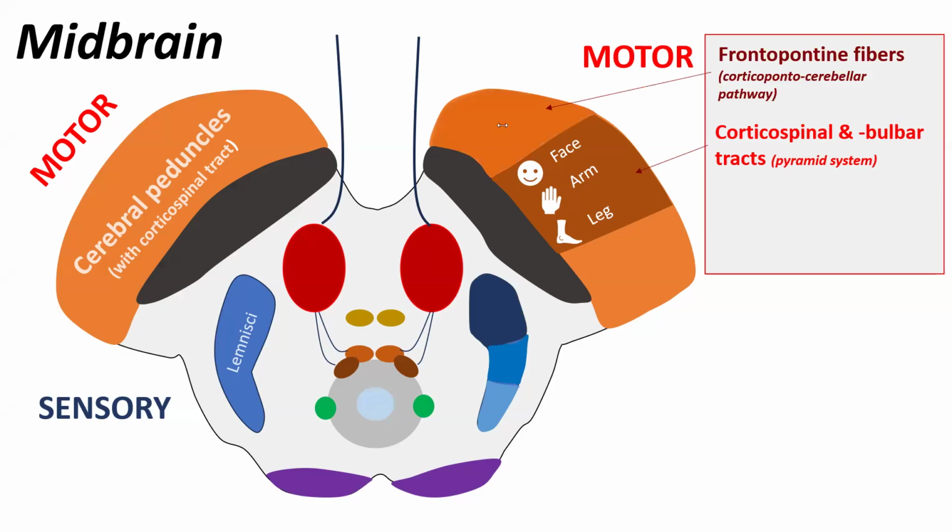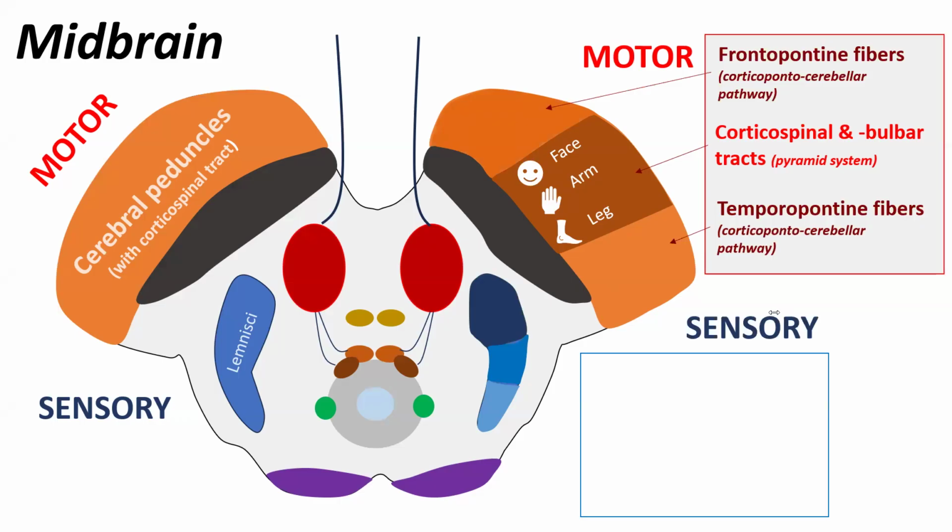Then in front of it, we find frontopontine fibers, which are part of the cortico-ponto-cerebellar pathway. And at the back of it, we find the temporopontine fibers, also part of the cortico-ponto-cerebellar pathway.